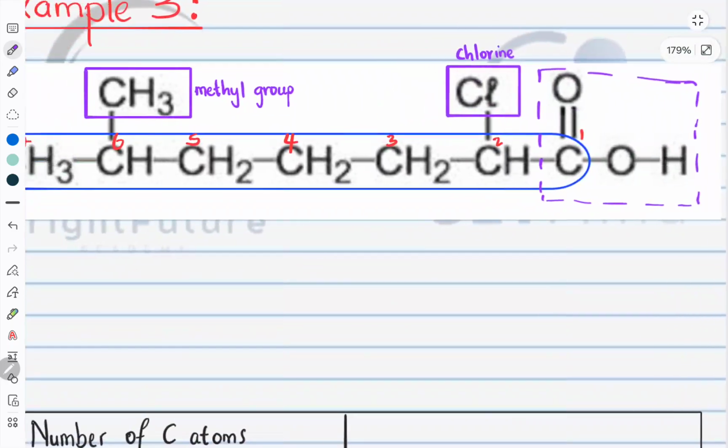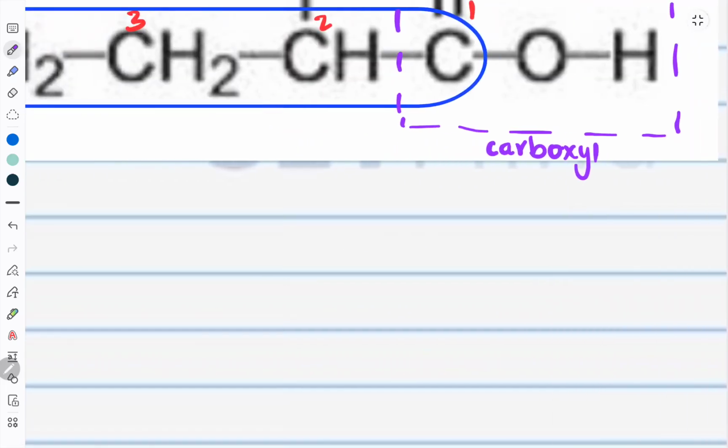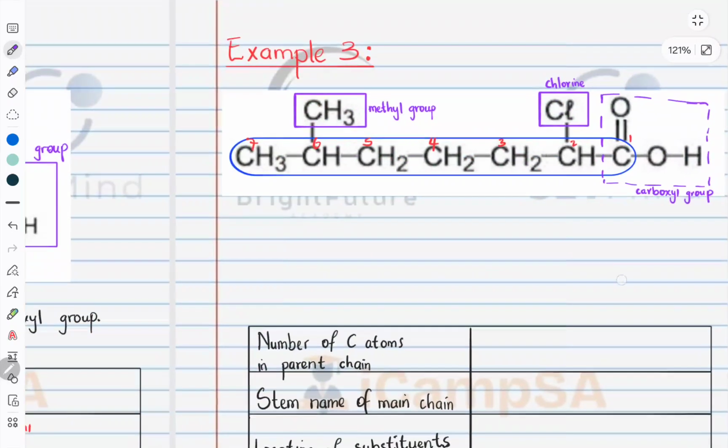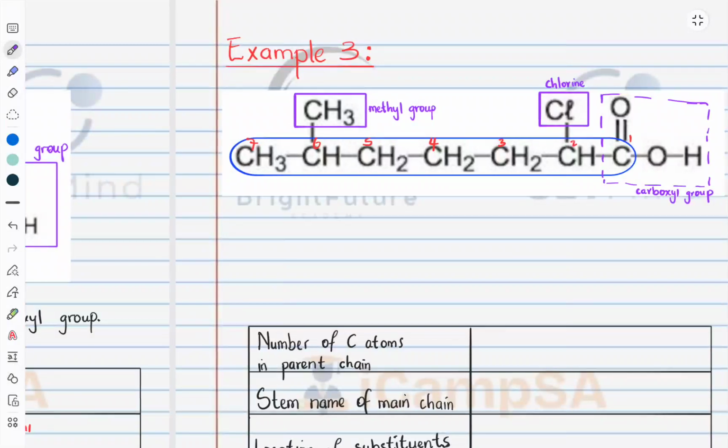All right. Okay, so that's what we have currently. 7 carbon atoms in my parent chain, and then this organic compound has 3 substituents, namely the carboxyl group, chlorine, and also the methyl group.